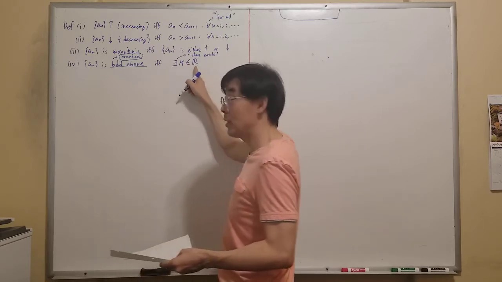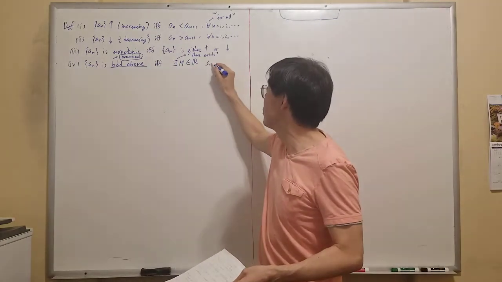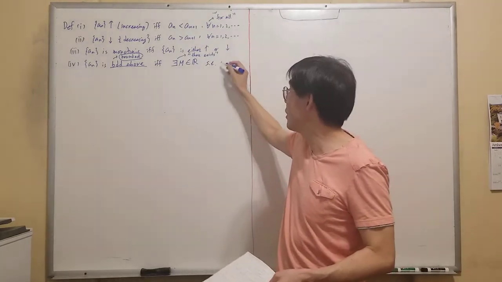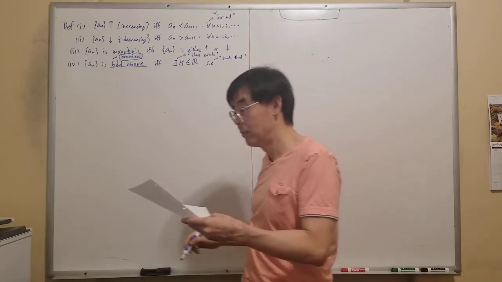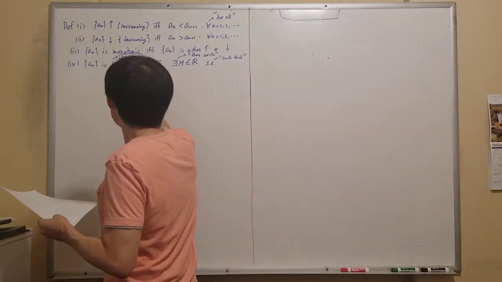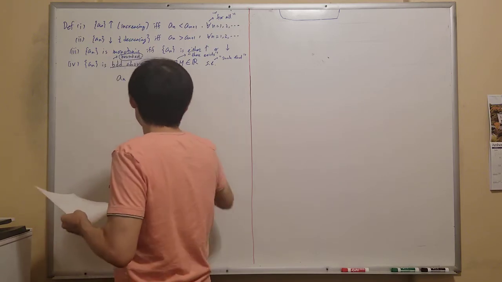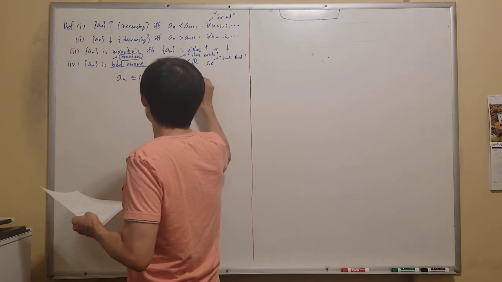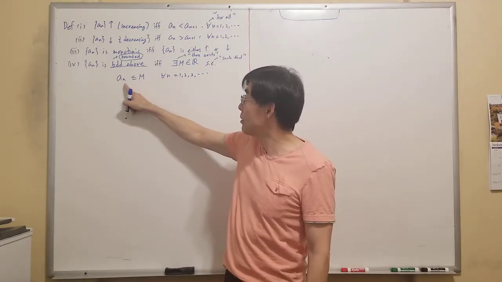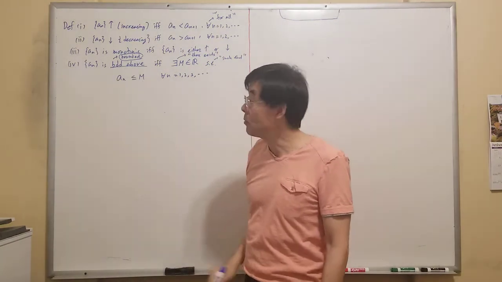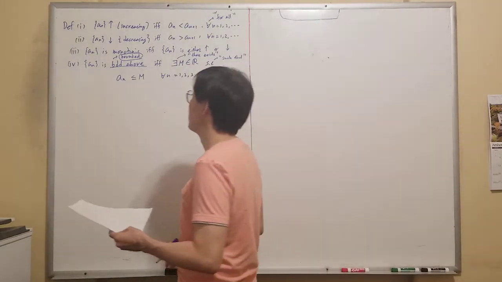There exists M belonging to the set of all real numbers, which means a real number M, such that (s.t. means 'such that') a_n is less than or equal to M for all n. This is called an upper bound: all the terms are less than or equal to M. When you have an upper bound, your sequence is called bounded above.